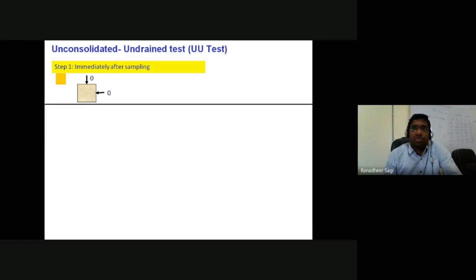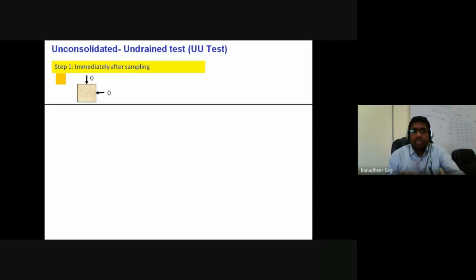Why is that negative pore water pressure coming into the picture? Because whatever load was acting on that soil sample earlier was released, because of which a slight amount of elastic recovery might have taken place, a slight increase in volume might have taken place in that soil.